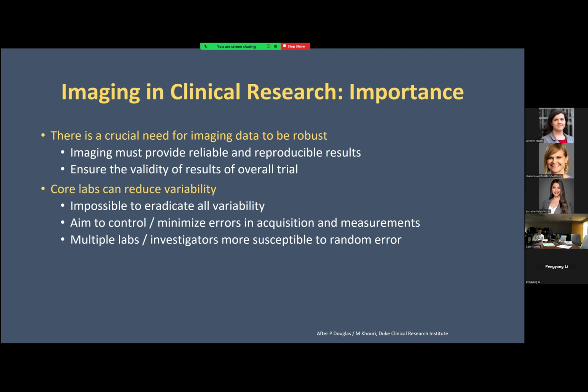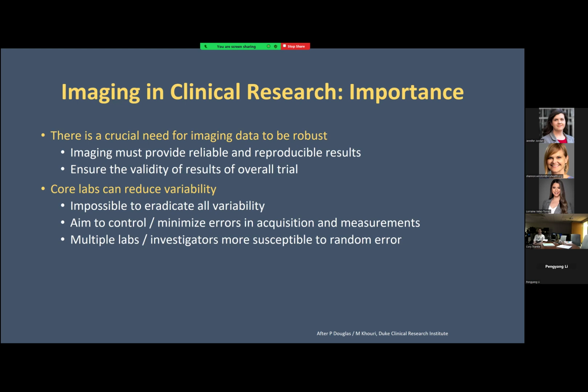One of the ways that we can help with meeting these criteria is to do our research through a core lab, and that greatly reduces the variability. So if you have multiple centers enrolling in a study, they will send all of their imaging to one lab where there are trained analysts, one or more, who consistently draw the contours in the exact same way.